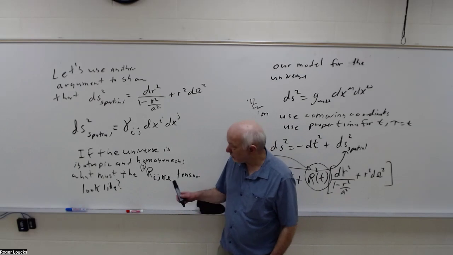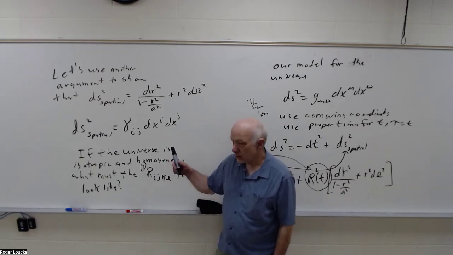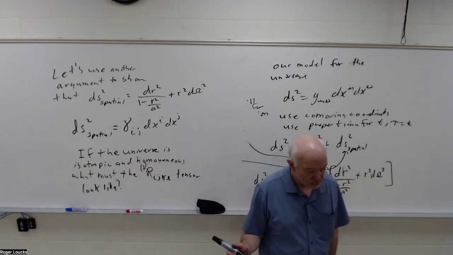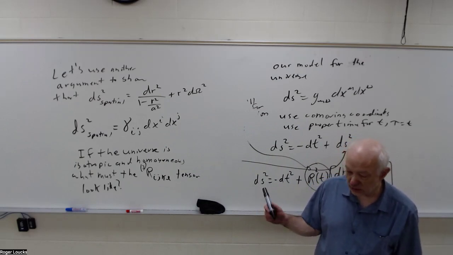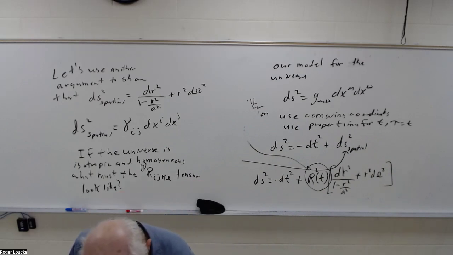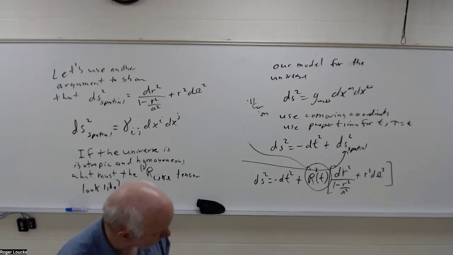So the question is, what's the most general version you can have of this, assuming that a universe is isotropic and homogeneous? Now, most people will just write down the answer of what this has to be. What I'm going to do is, Ohanian, if you look at the thing that I handed out to you, Ohanian gives a better argument for why this has to be.